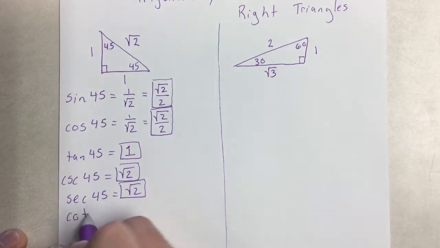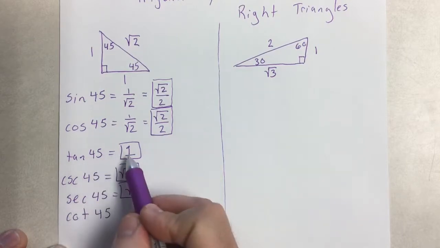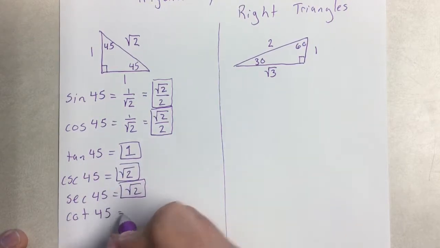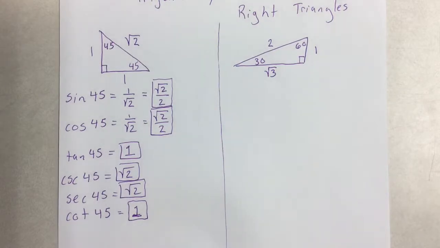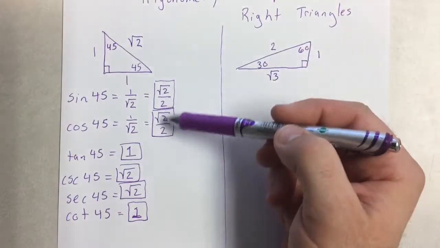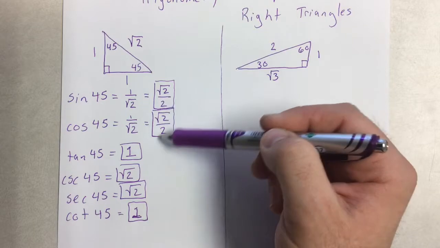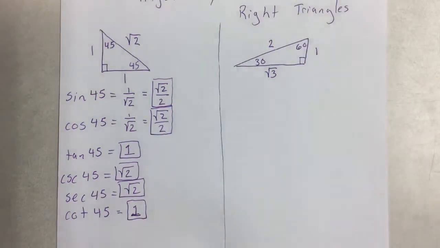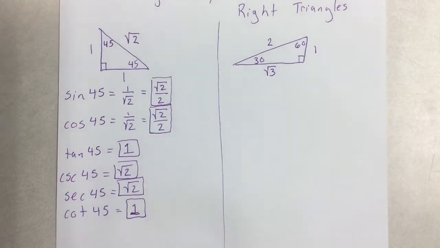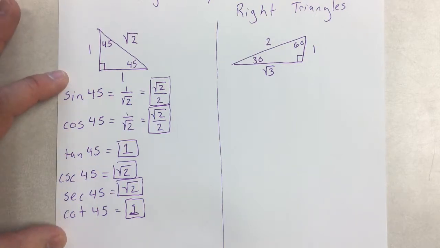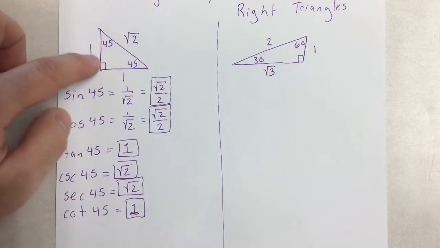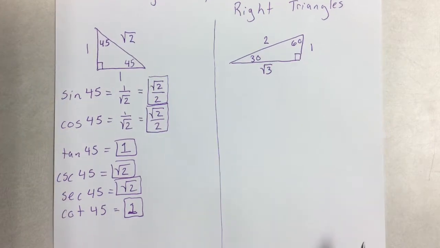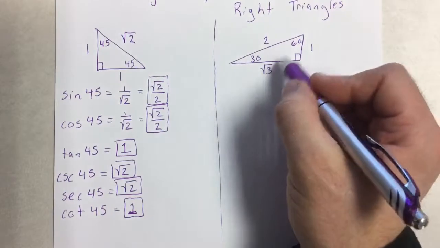And then cotangent of 45, well, tangent of 45 is 1, the reciprocal of 1 is still 1. So in terms of what you have to memorize, if we can memorize the initial 3, we can get the reciprocals quite quickly, okay? So since they're both 45 degrees, we have the ratios for our 45-45-90 triangle.